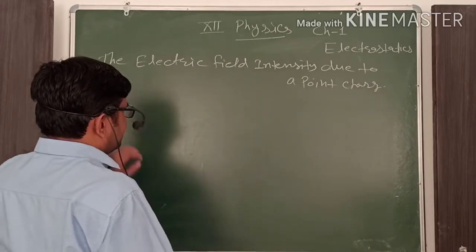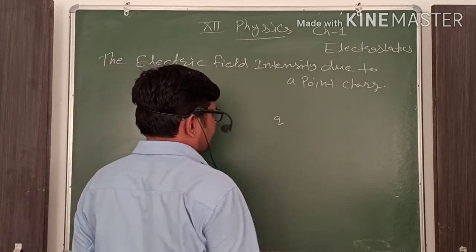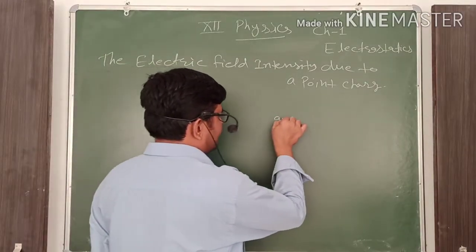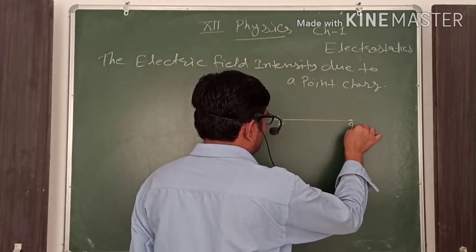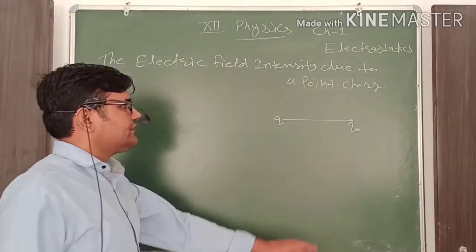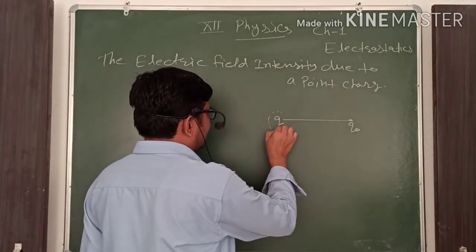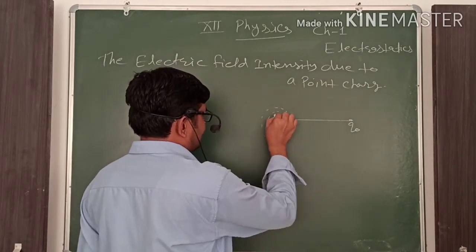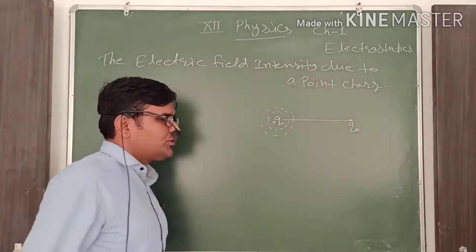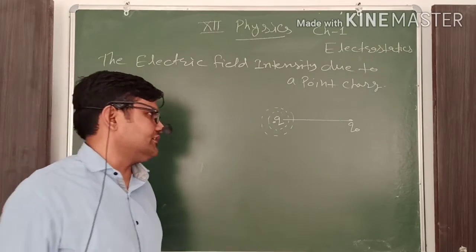Here we are considering a charge Q, and we are also considering another charge Q naught. It is the test charge. Here we are trying to calculate the electric field due to this point charge. This Q charge is considered as the point charge.